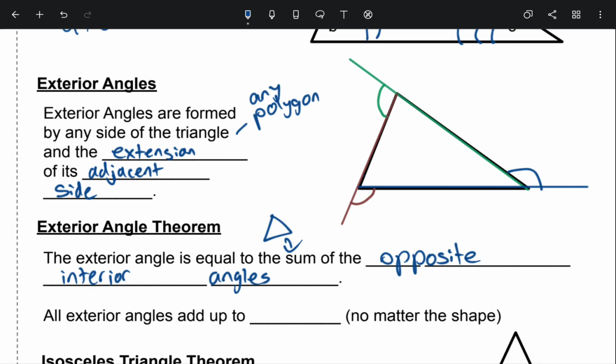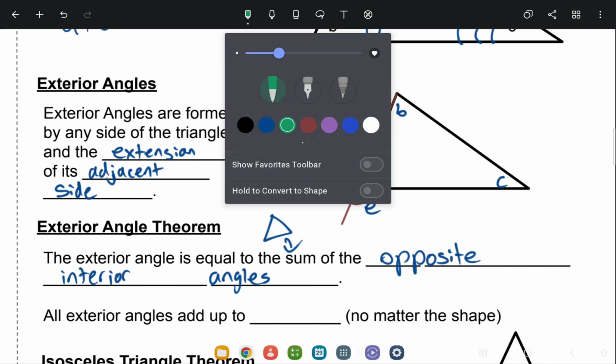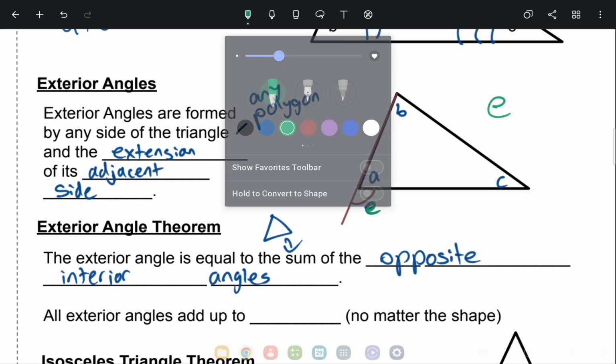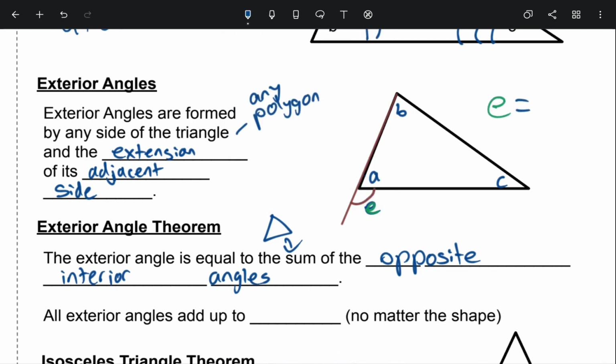So let's say in this little picture here, we call these A, B, C, and we're just going to focus on this red one out here, E. We can say that angle E is equal to the sum of B plus C. So just take the opposite angles and add them together.